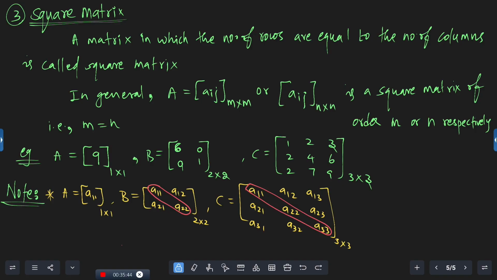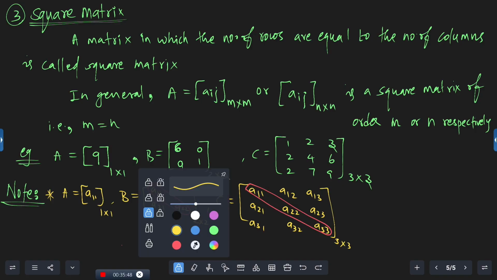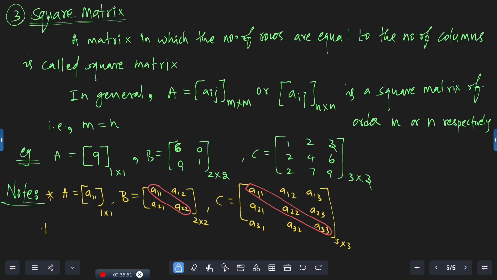So these are called the diagonal entries, or diagonal elements, we can say. Have you understood, children?